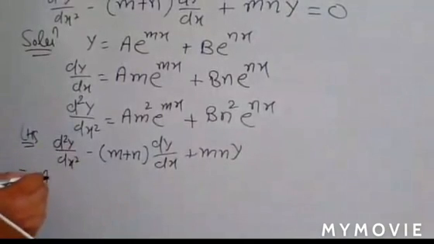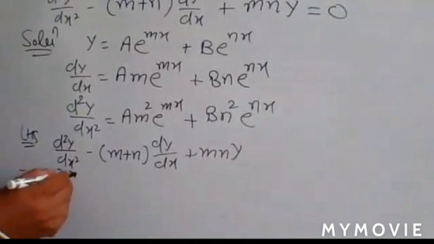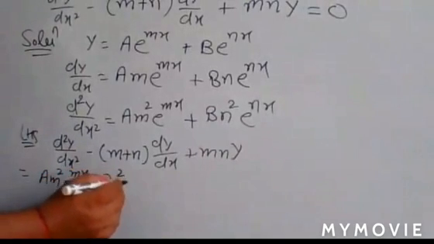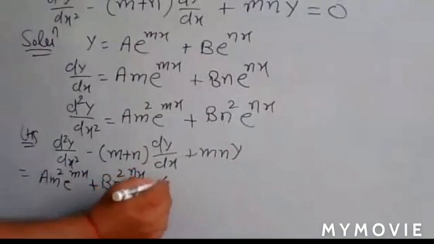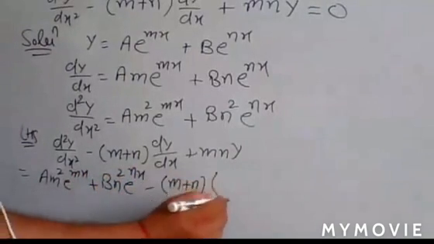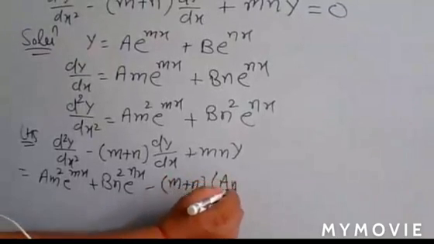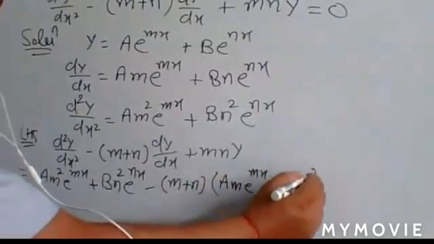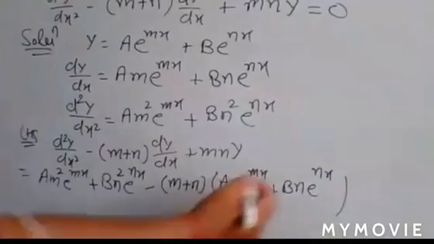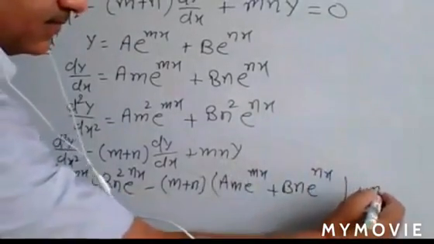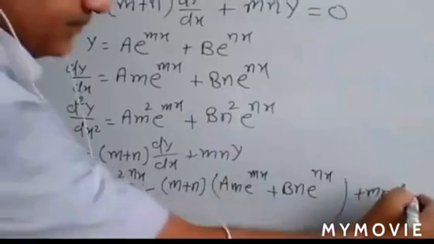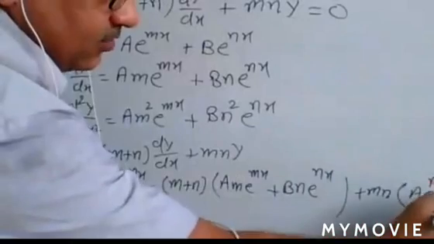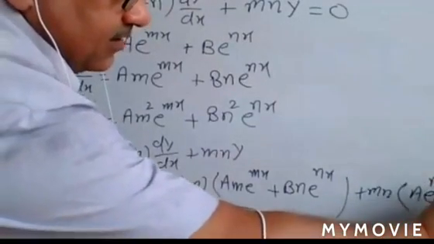So here you have am square e to the power mx plus bn square e to the power nx, minus (m plus n) into (am e to the power mx plus bn e to the power nx), and plus mn into the value of y, a e to the power mx plus b e to the power nx.